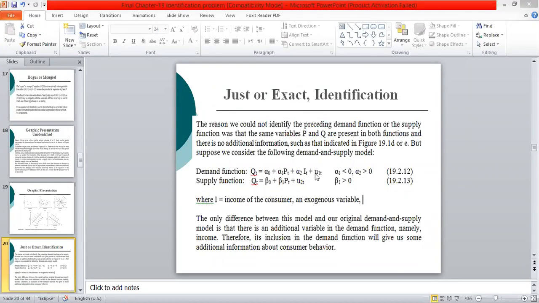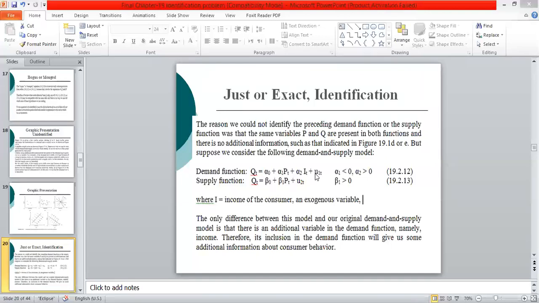The only difference in this model is that I is the income, and income has a positive impact on the quantity demanded of many goods. So the parameter alpha 2 is greater than 0. Alpha 1 is less than 0 because quantity and price have a negative relationship, while on the other hand quantity and income have a positive relationship.